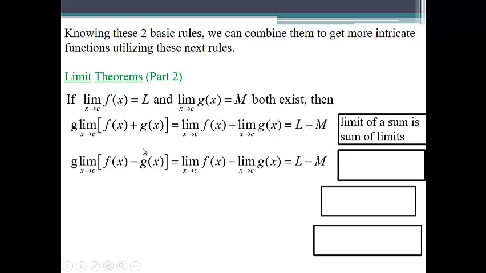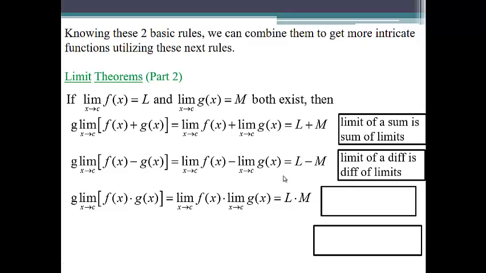The next one, you have a limit of the difference, and that's individually taking the difference of the limits. So it's equivalent. Whether you do it separately and subtract after, or subtract the polynomials and take the limit of the whole thing, it's going to give you the same answer.